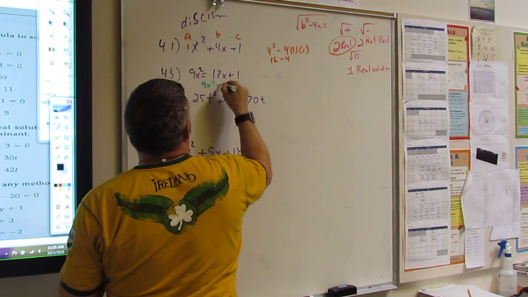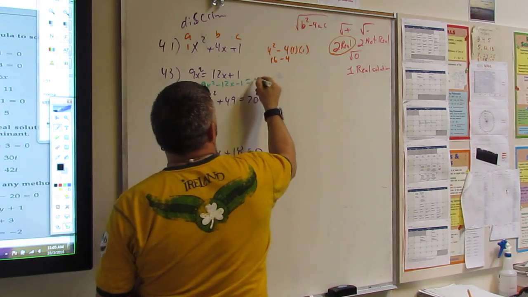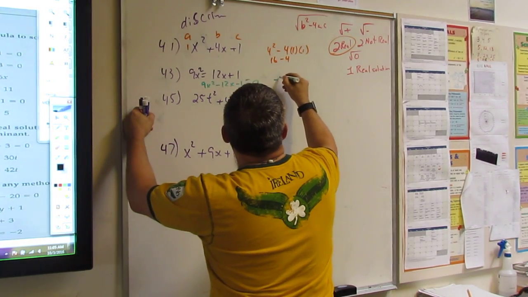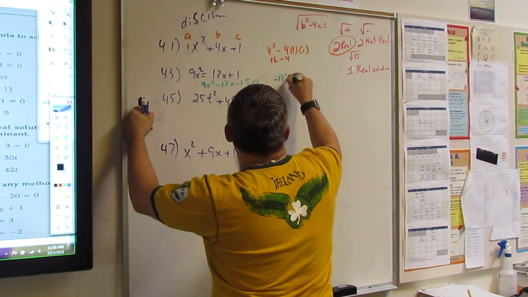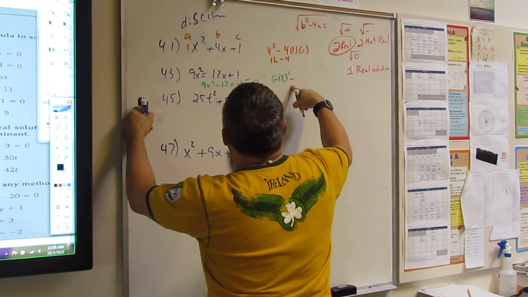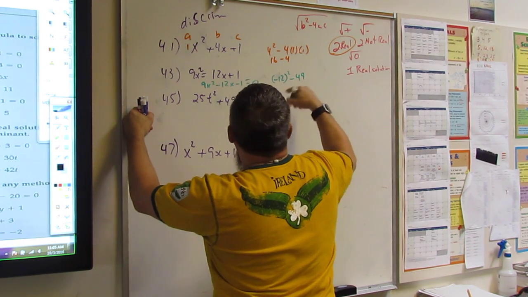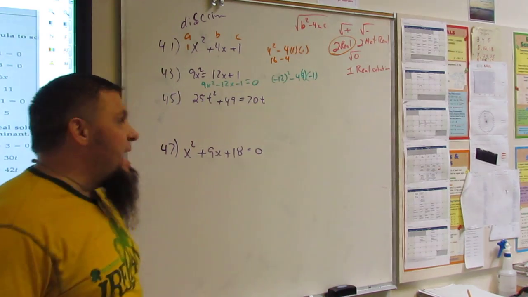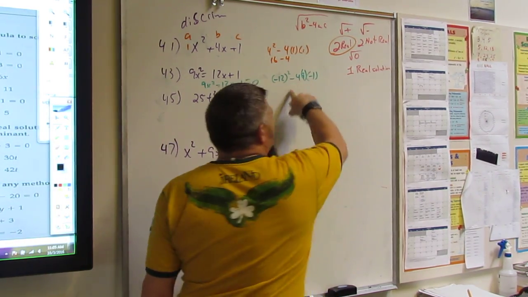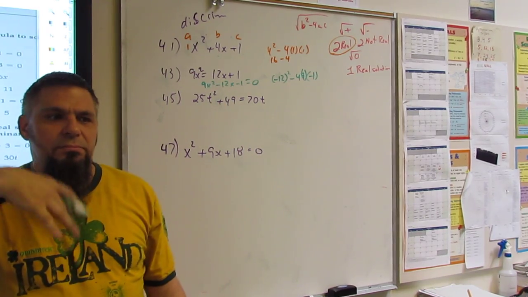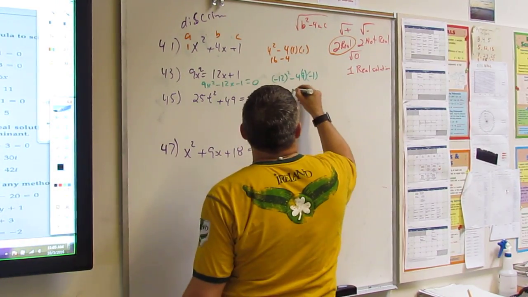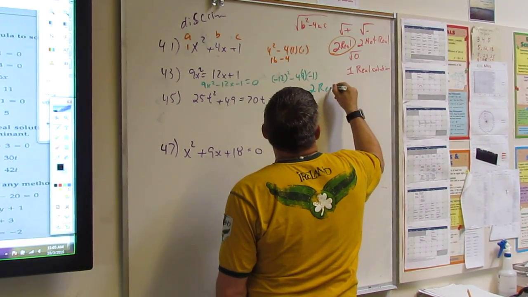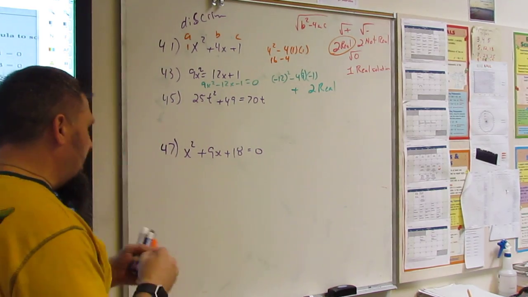So 9x squared minus 12x minus 1 equals 0. And then I plug it in. B squared minus 4ac. Now right off the bat, minus minus makes a positive. So right here I know it's going to be positive. Done. 2 real solutions.